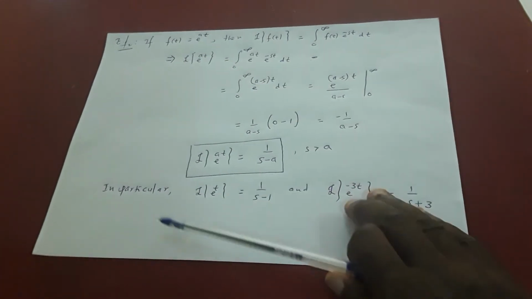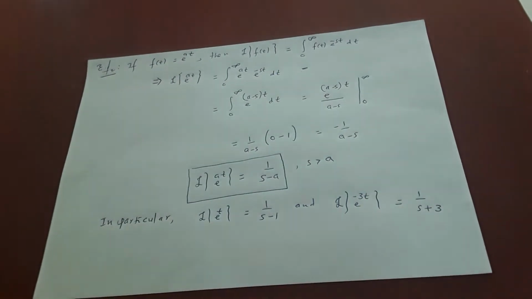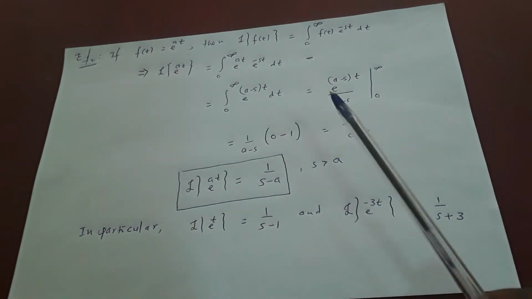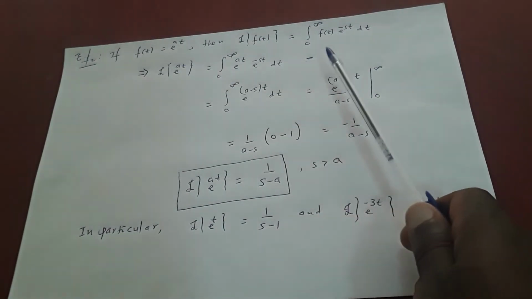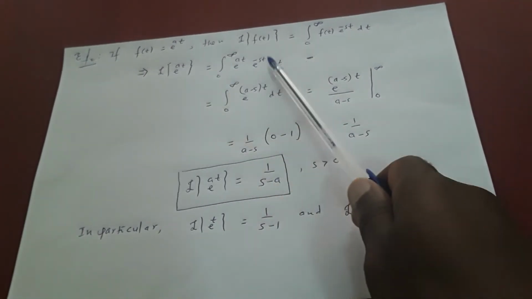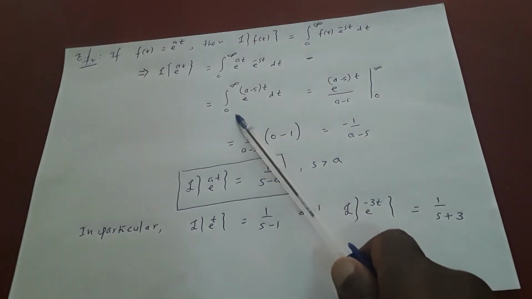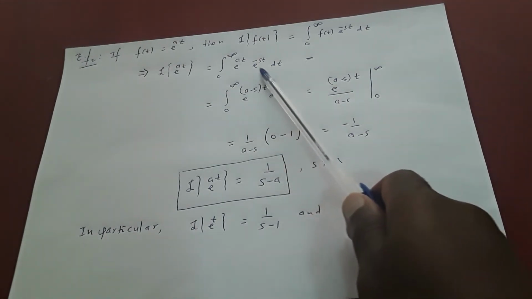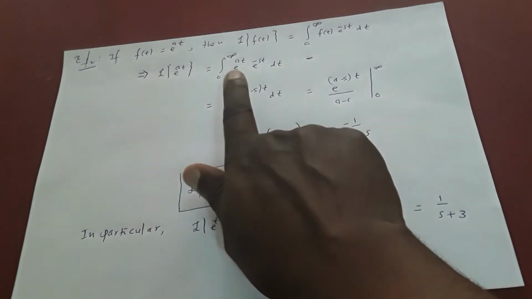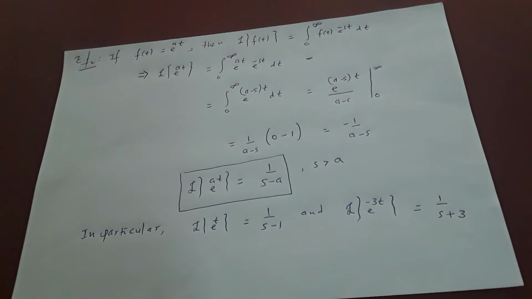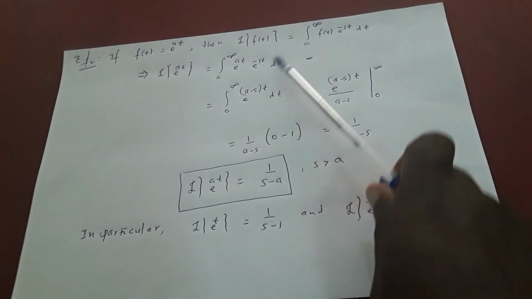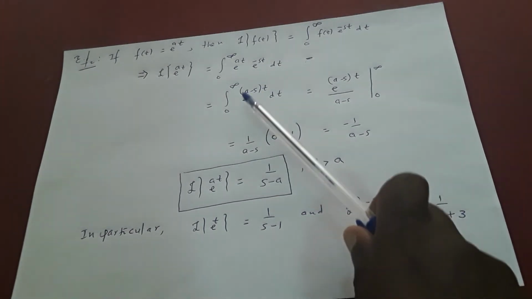We look for the definition of the Laplace transformation of an exponential: the integral from 0 up to infinity of e raised to at times e raised to minus st dt. Again, we sum up the exponents, so we get this term.